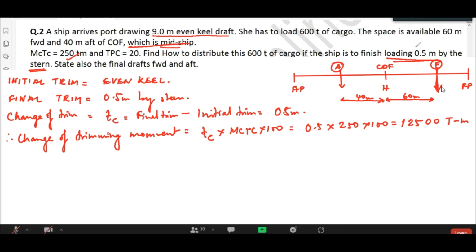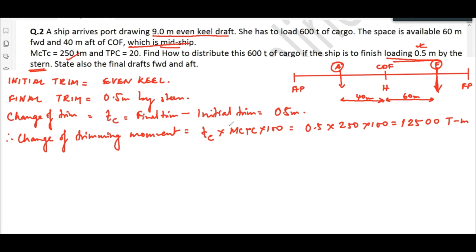Here she said finished 0.5 by stern. So if it were by head, we would have taken this as minus 0.5, and that will change all the calculations.